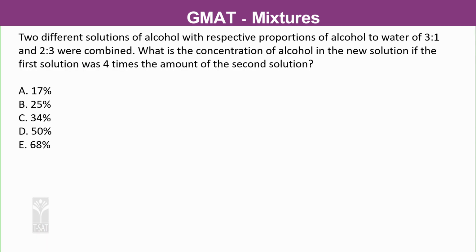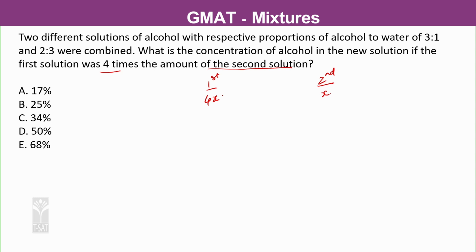Two different solutions of alcohol with respective proportions of alcohol to water of 3:1 and 2:3 were combined. What is the concentration of alcohol in the new solution if the first solution was 4 times the amount of the second solution? Okay. So, here we can take first solution and second solution. Since the first solution is 4 times the amount of the second solution, let us say the second solution is x, then the first solution will be equal to 4x, the total volume.